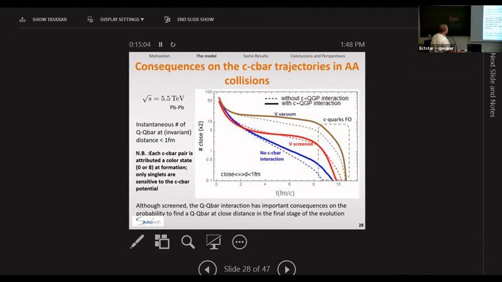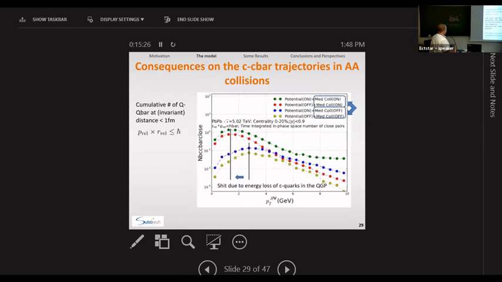Then this is what happens if you take the screened potential of Lafferty and Rodkoff. And this is what you would get if you would take the vacuum potential inside the QGP. So we have these c c bar states that are surviving over time.